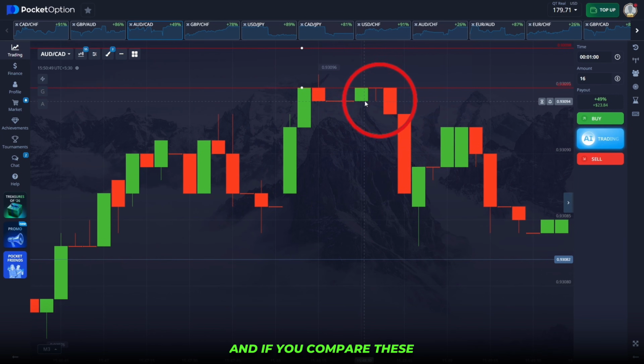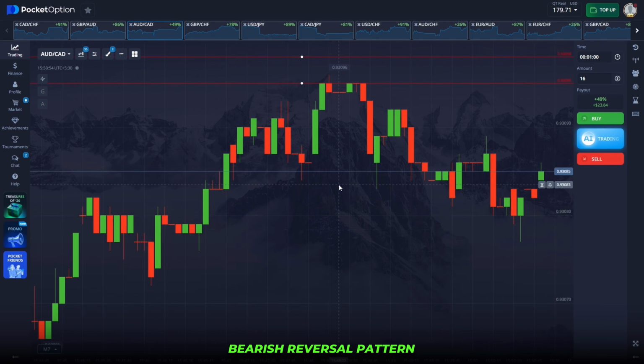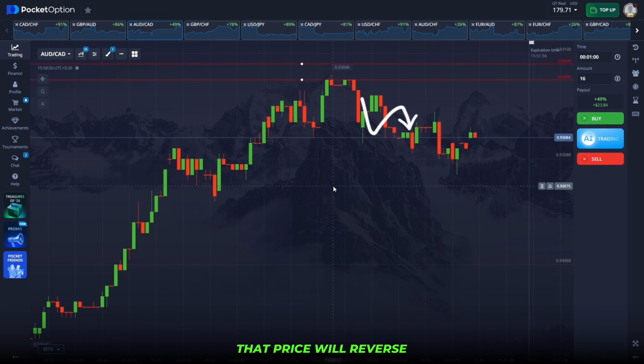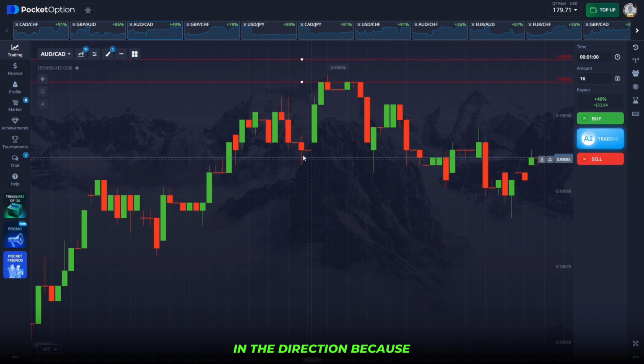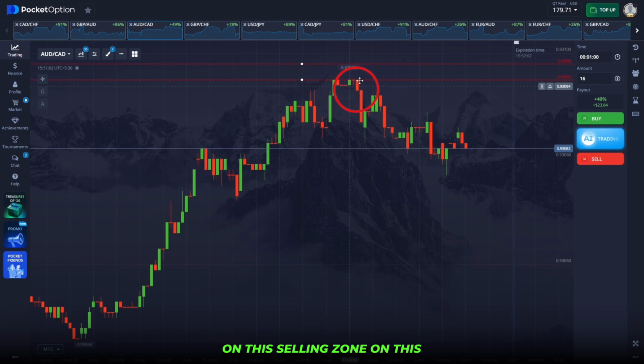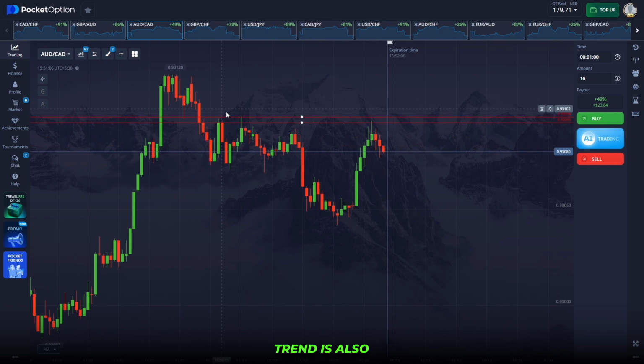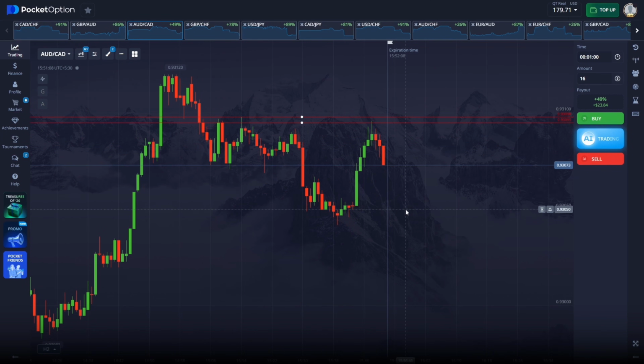If you compare these three candles, you will find a bearish reversal pattern. That is a sign that price will reverse in the downward direction, because the buyers are dead and sellers are taking control on this resistance zone where the trend is also downtrend. And that's the reason I took this trade.